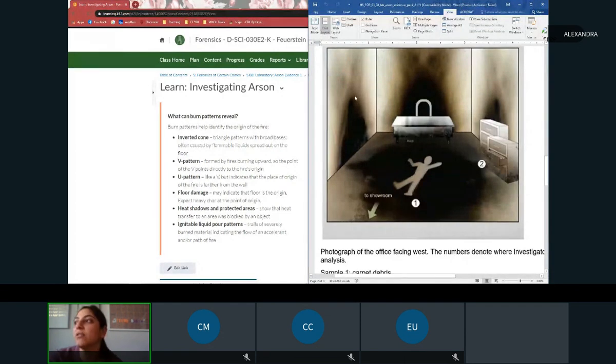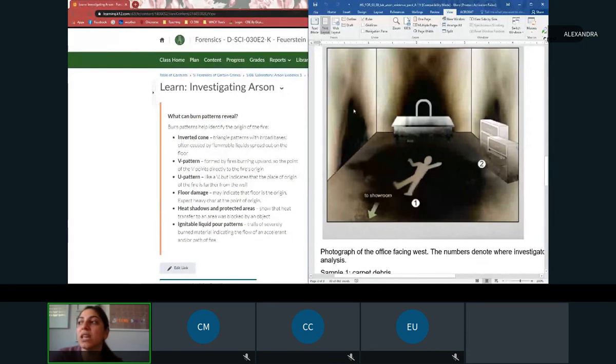We've got these inverted cones, and according to our lesson, triangle patterns with broad bases, meaning the base is at the bottom, are often caused by flammable liquids spread out on the floor. So there's more fire coming from the bottom and pointing upwards, versus a V pattern, which is formed by fires burning upward. So the point of the V points directly to the fire's origin.